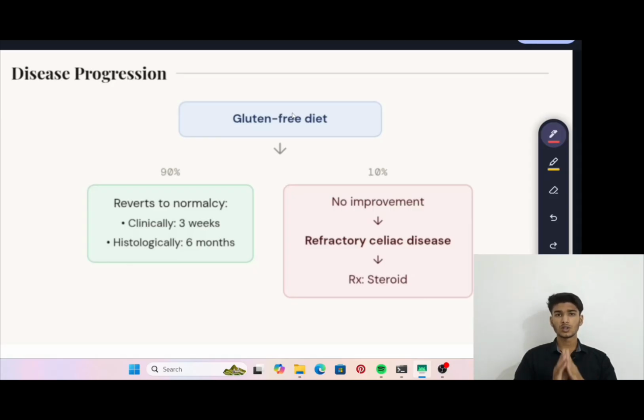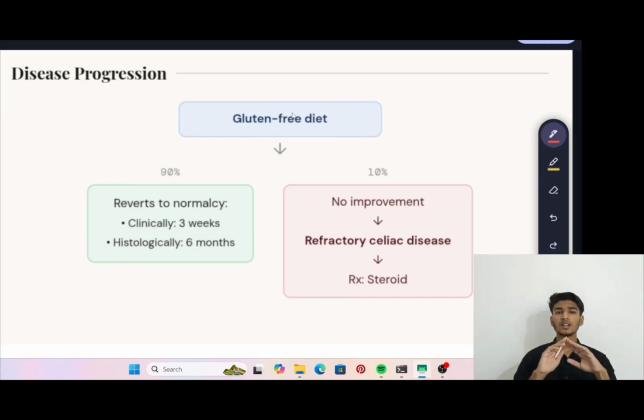If he takes a gluten-free diet, he will recover on his own, because gluten was the trigger for the loaded gun. So now the patient is gluten free. In 3 weeks, the clinical symptoms will disappear. Within 6 months, the histological features will also disappear.